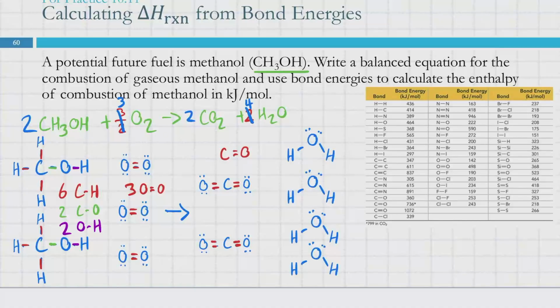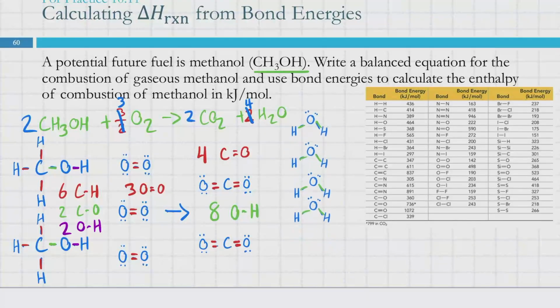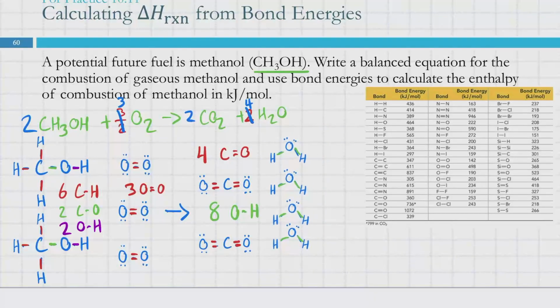C double bonded to O? 4. Yep, just 4. And we also have oxygen bonded to hydrogen. We've got 4 waters. We've got 2 of those bonded each. 2, 3, 4, 5, 6, 7, 8. We've got 8 OH bonds. Shrink the waters to give us a little room.